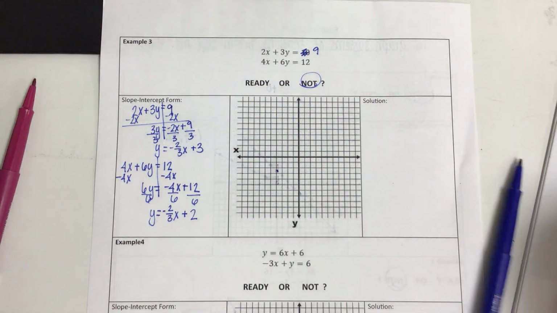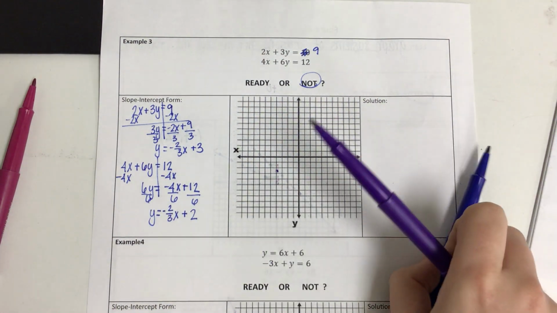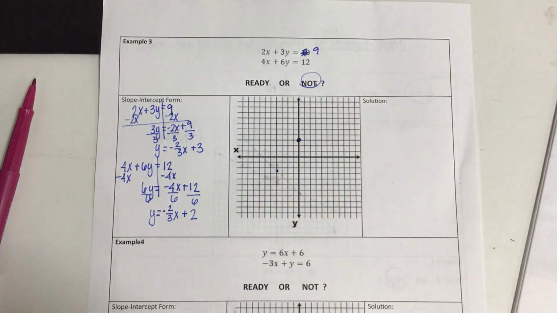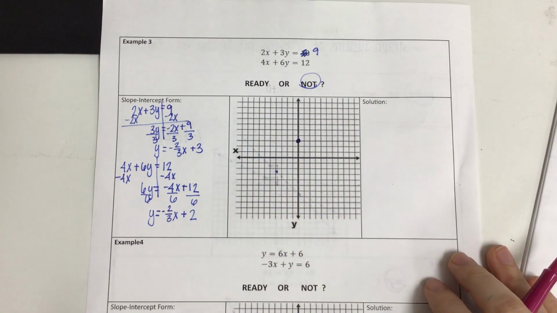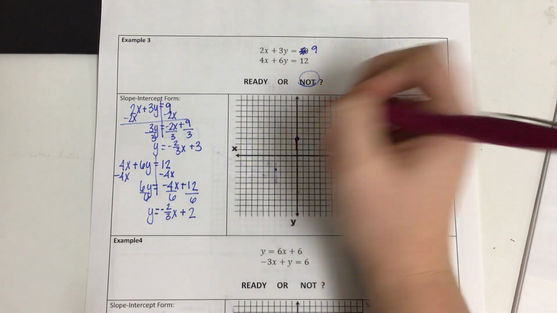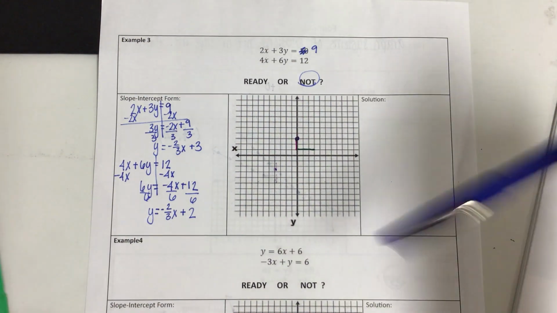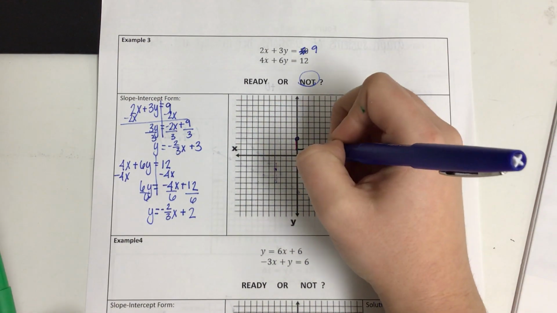So when we graph this first equation, our y-intercept's at positive 3. And we are going to move down 2 and right 3 to get our second point, and again, we'll continue that pattern.